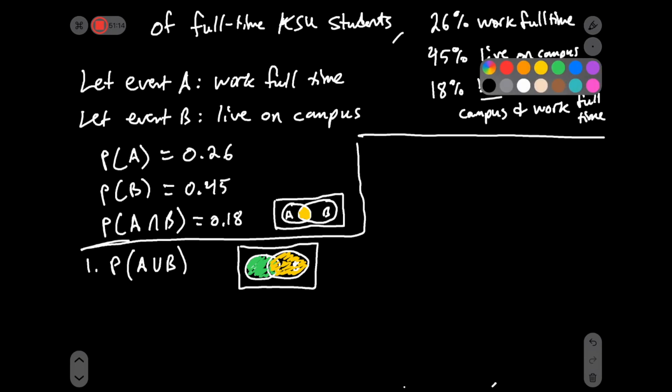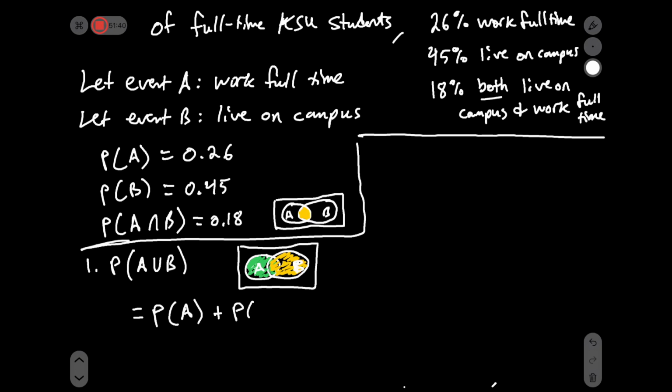Okay, so how do we find this? What do we want here? We want the probability of A, everybody in A, plus everybody in B. But we don't want to double count some people. What about those people in the intersection?